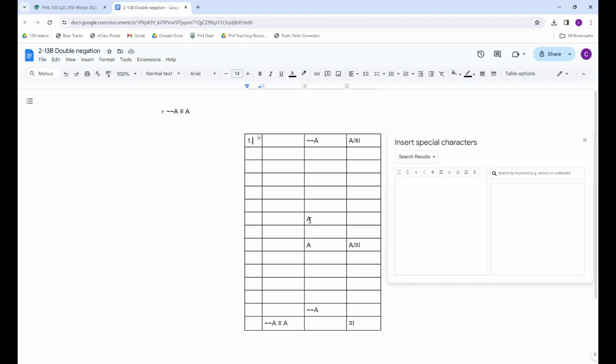The rule with assumptions is this: what you're always trying to do when you make an assumption is make sure that you know how you're going to get rid of that assumption. Because whenever you make an assumption, you're introducing a new subderivation.